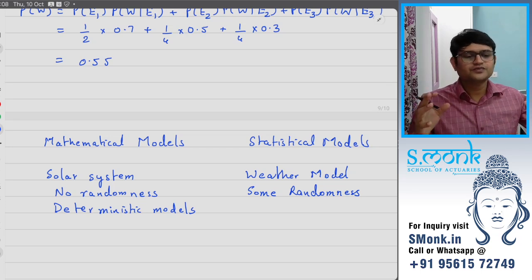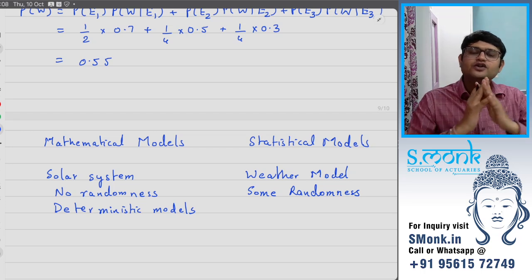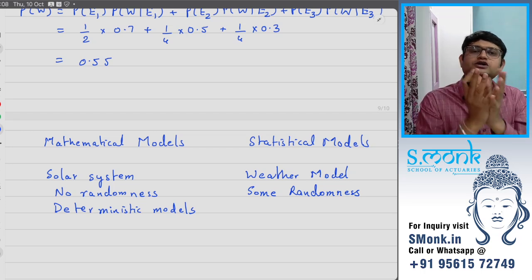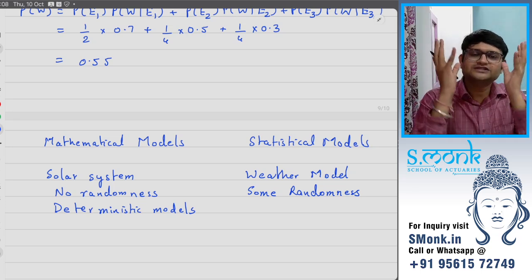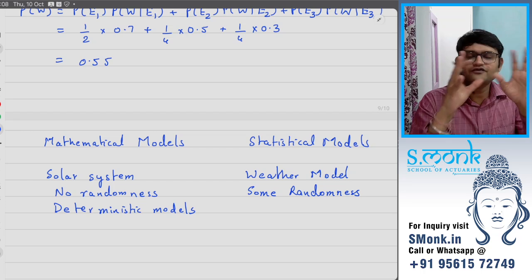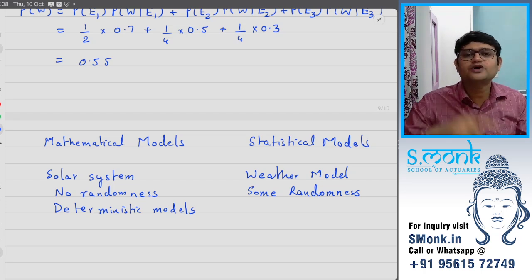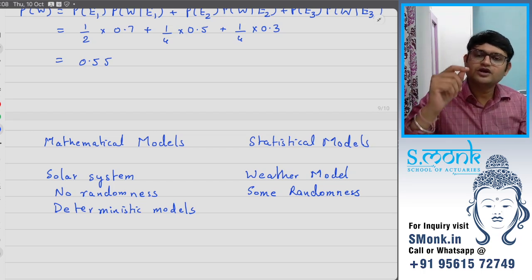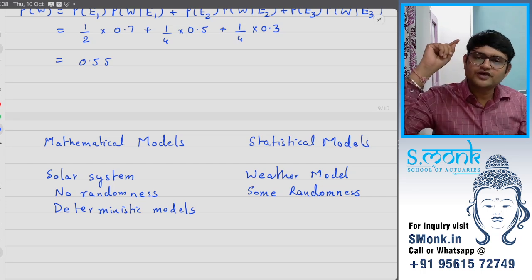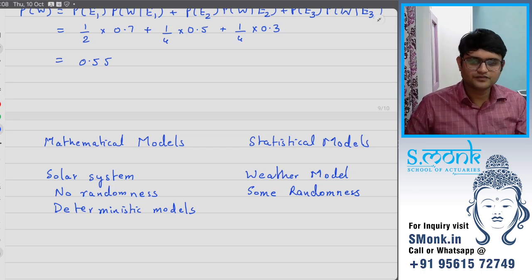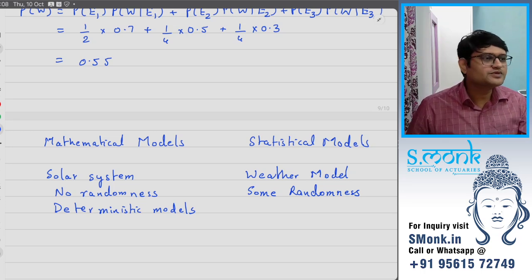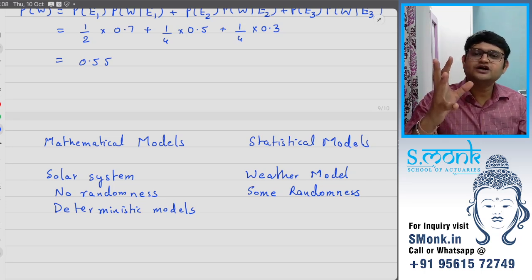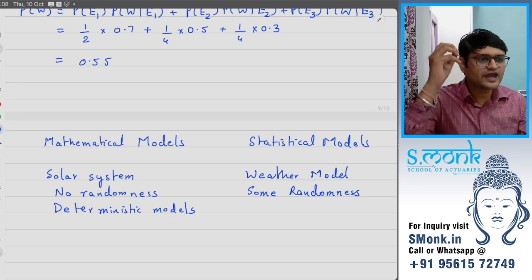Like in weather, some people believe that if I know exactly all the things that are affecting the weather everywhere on the earth, I'll be able to make a model to predict the weather perfectly. Then it will become deterministic. That is what some people believe. The problem is we cannot get that much data. We cannot have every point.